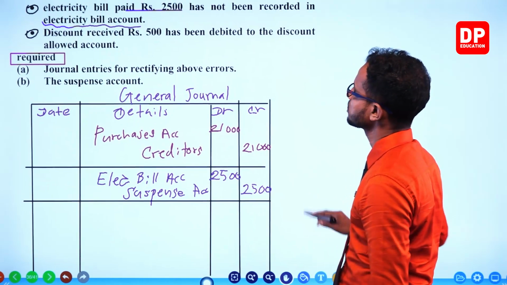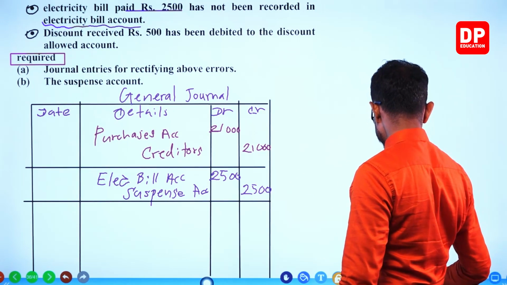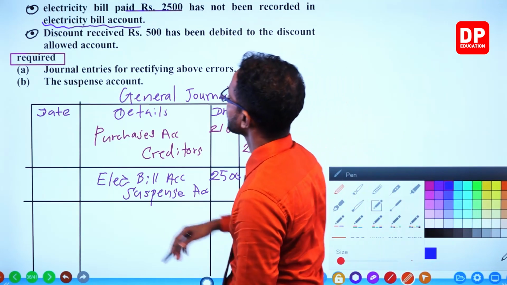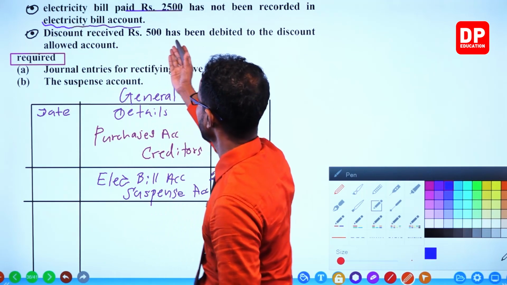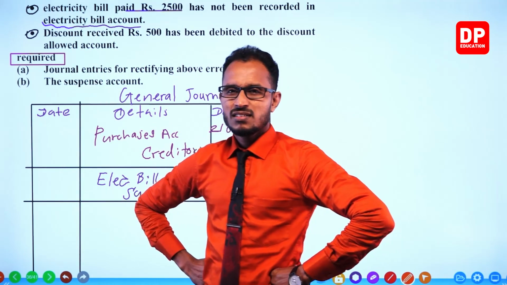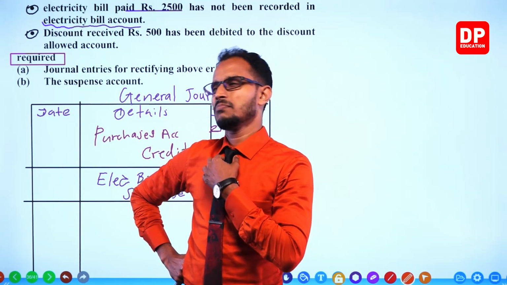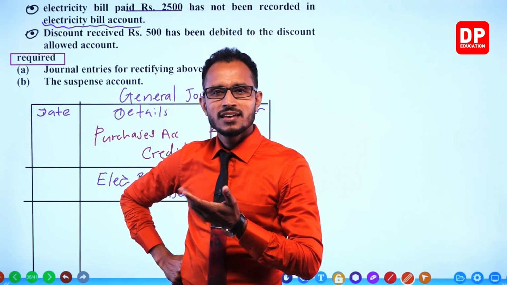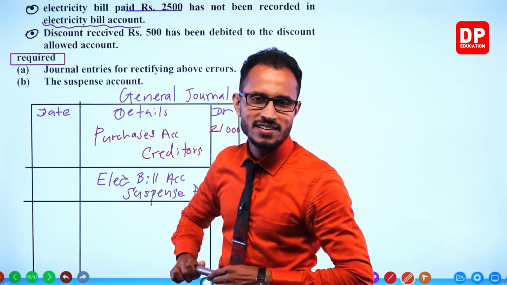Next, discount received 500 has been debited to the discount allowed account. Who is this bookkeeper? What errors are these?